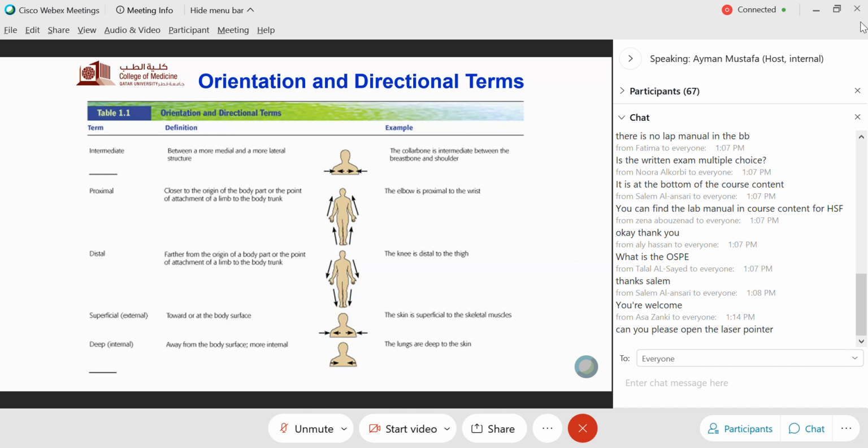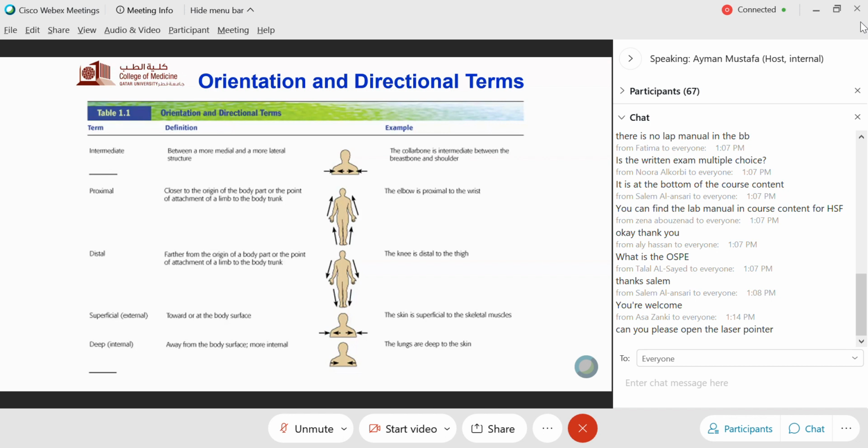Intermediate. For example, the collarbone is intermediate between the breastbone and the shoulder. Notice here I am comparing what? The shoulder, the breastbone, the collarbone. If I'm comparing only the shoulder and the breastbone, I'm going to say breastbone is medial to the shoulder or shoulder is lateral to the breastbone.